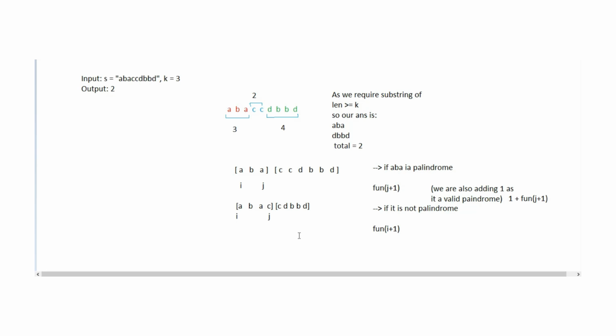So let's discuss this with the help of the code that I have written. In this problem, I have applied dynamic programming two times. One is when we are calculating palindromes. At that time I have applied dynamic programming, and the second time is when we check whether this is a valid palindromic substring and we are calling the recursive function, at that time I also applied DP.